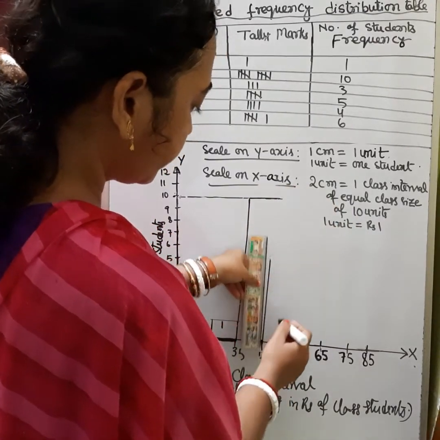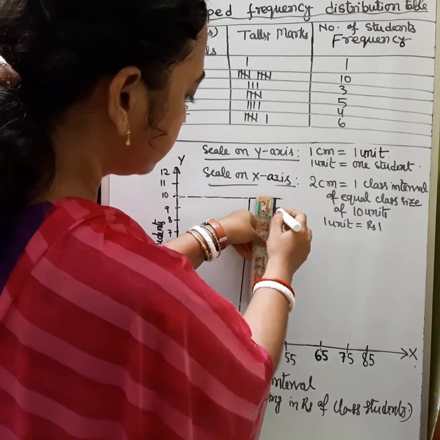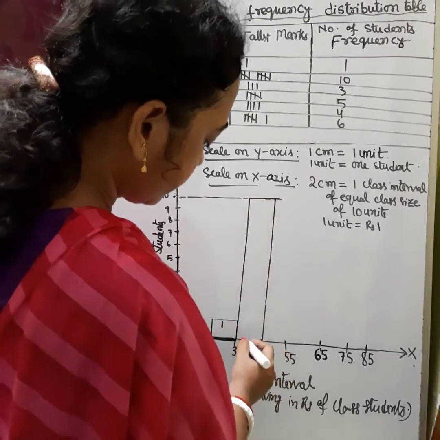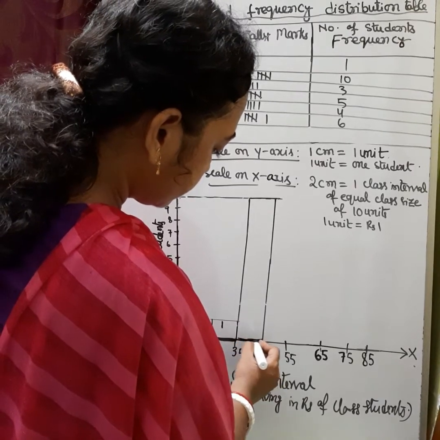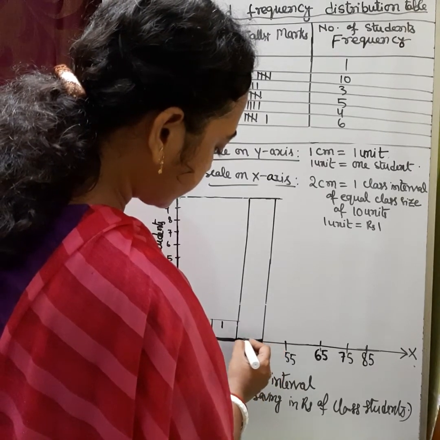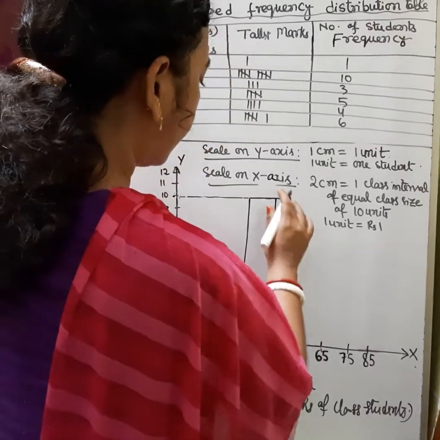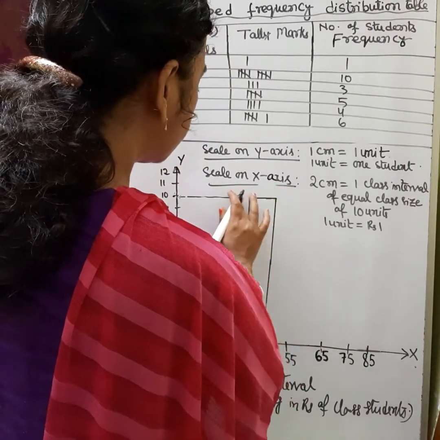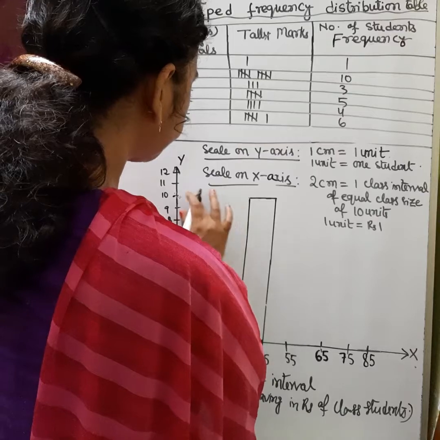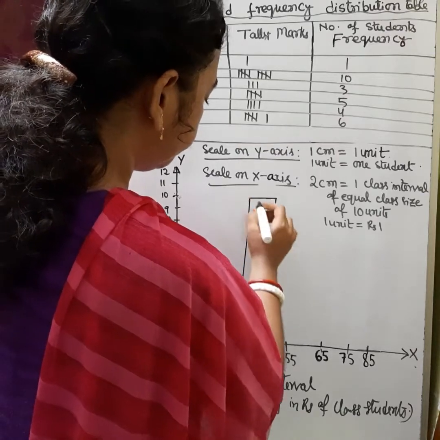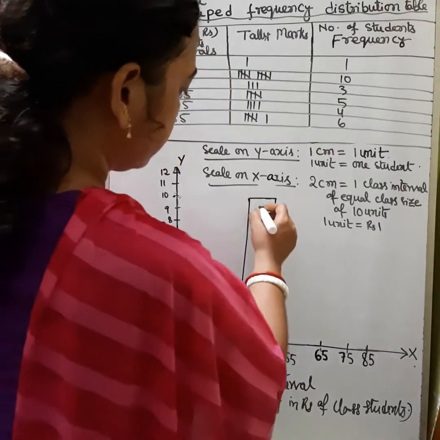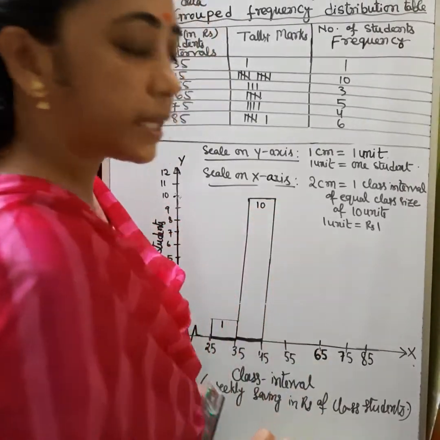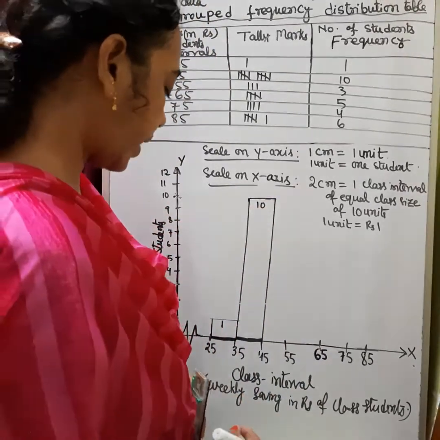In this case also we get another rectangle whose base is again 2 centimeter length, between the 35 to 45 class interval, and its height is 10 units. So this area we can consider as 2 multiplied by 10, that is 20 centimeters square.